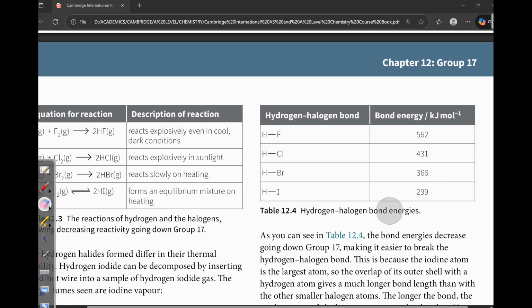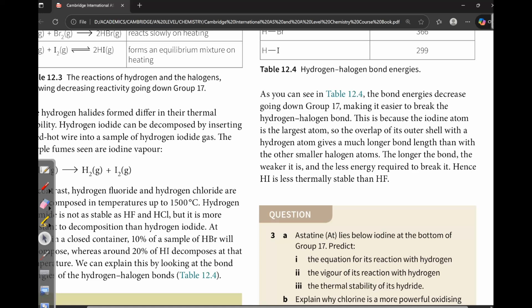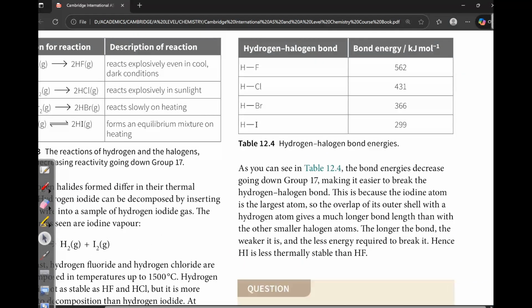Okay, so because they keep on decreasing, then it becomes very easy to break those bonds. So they are saying here that, as you can see in this table, the bond energies decrease going down group 17, making it easier to break the hydrogen-halogen bond.